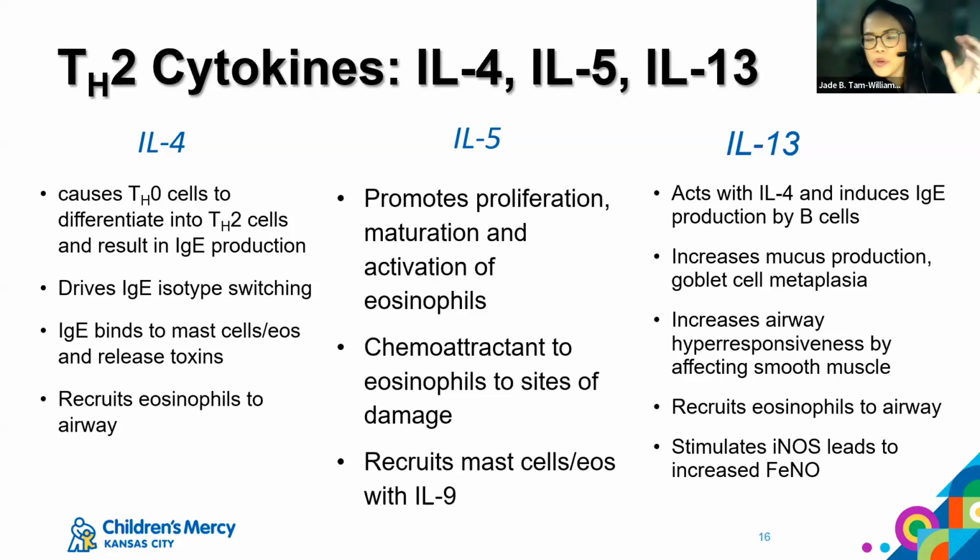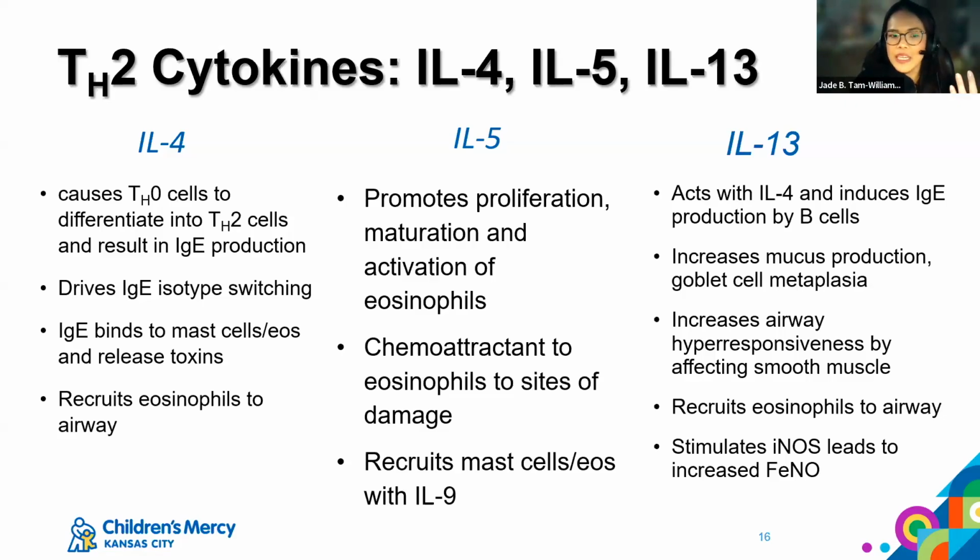IL-4 also starts that process of IgE switching, so that creation of IgE immunoglobulins, and it recruits eosinophils to the airway. So it says like, hey, come on over here. I need you to come to this lung because something's happening here.